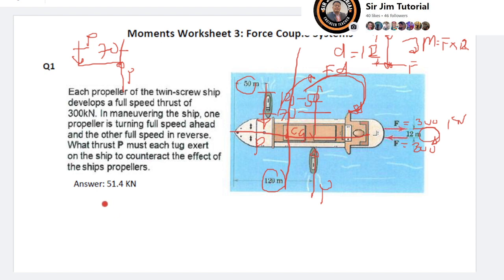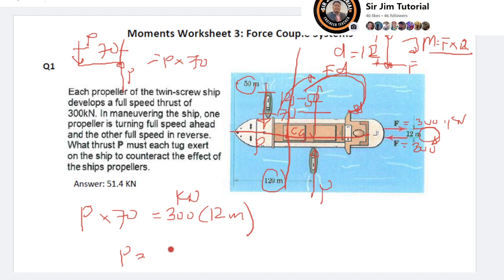So in other words, we can just say the moment here is P times 70. So meaning you have here P times 70 is equal to this one, F, 300 times 12 meters. Take note that our force here is in kilonewton.